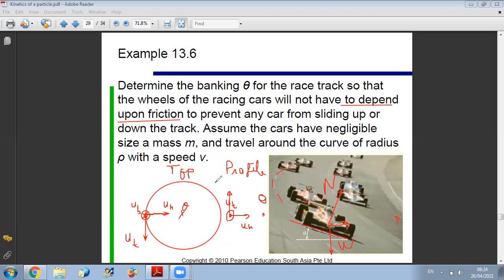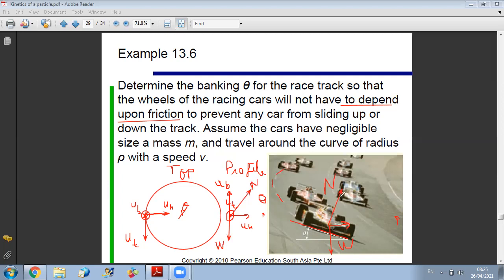And now you can put your forces on your free body diagram and project them. So your forces are the weight, W, and the normal reaction, N. To be able to do your projection, you should know what is the angle between N and your vectors.